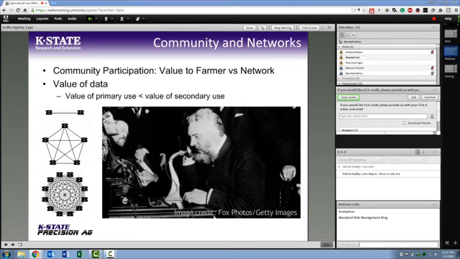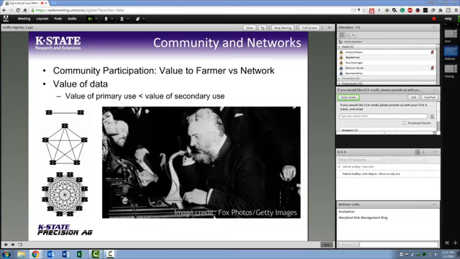When we're shopping online, we leave exhaust in our path of the number of clicks, how long we stared at different web pages, the products we're looking at. Well, Amazon can use that information to help sell us that thing we're shopping for. Maybe it's a toy. And that's the primary use of that data exhaust.